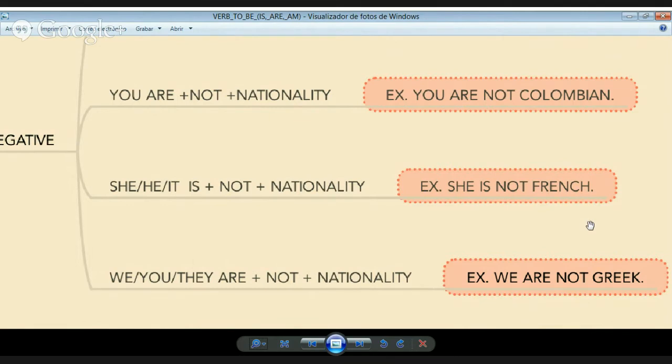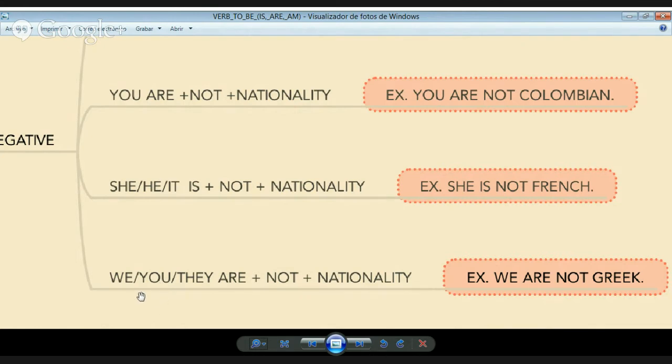He is not English. He is not, let's say, Canadian. So this is something that you have to use, right? For example, you say she is not Colombian, okay? So you are using the third person singular.